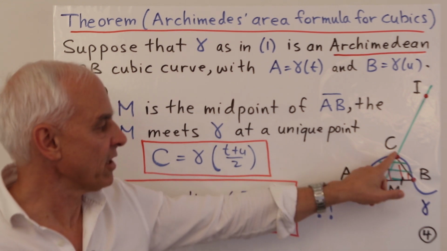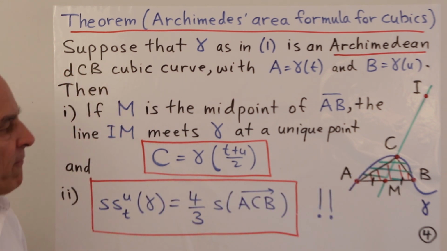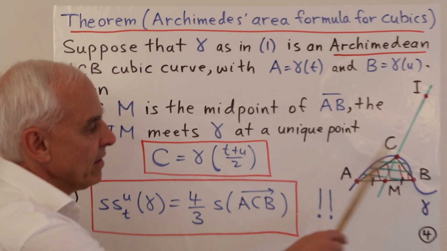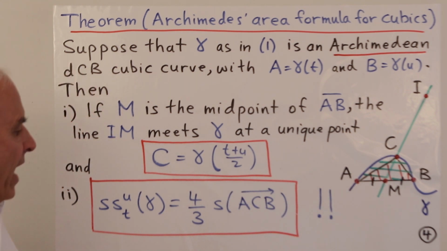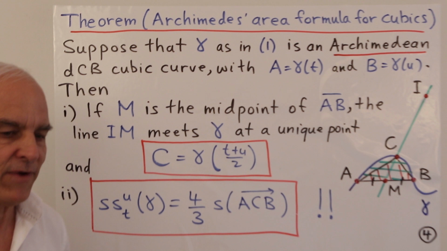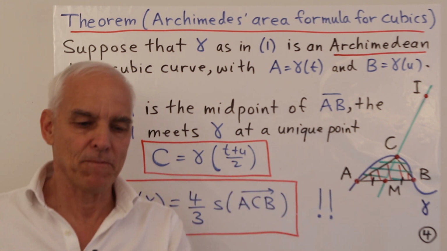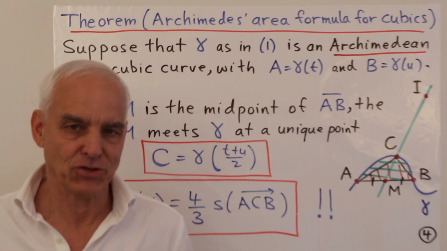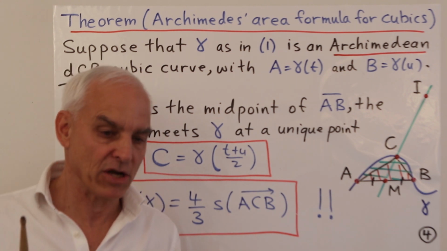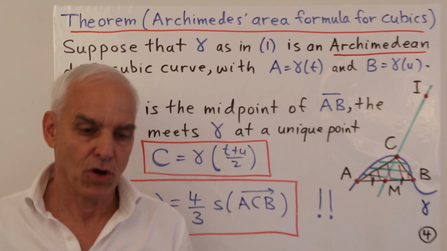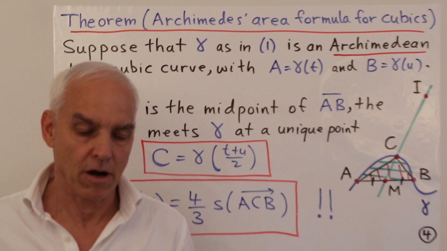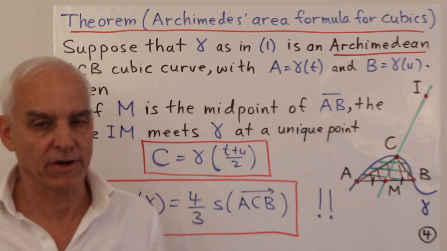But this particular property that I've emphasized in the quadratic case is the one that generalizes in the cubic situation. And remarkably, the 4/3 factor is exactly the same factor that appears in the quadratic situation. So this is very much an extension of Archimedes' parabolic area formula to cubics.